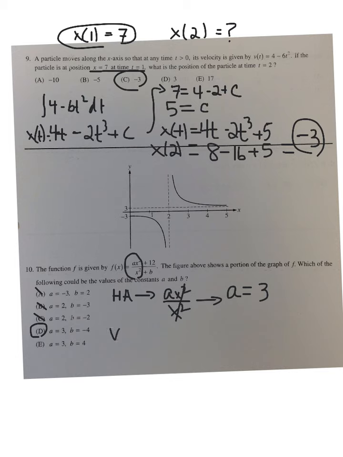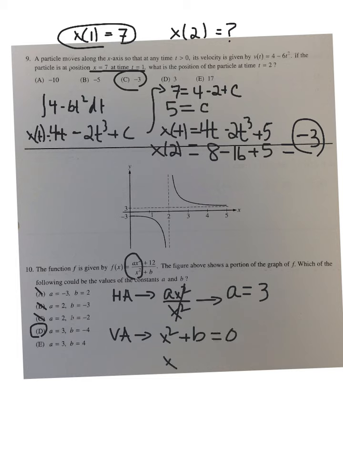Now, when I want to do vertical asymptote, we set the denominator equal to 0. And if you look at what they gave us, we know that the vertical asymptote is at x equals 2, okay?